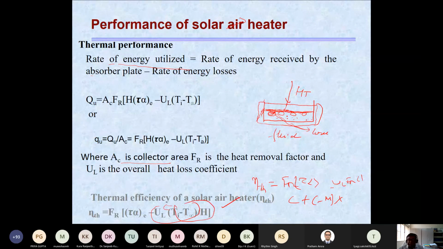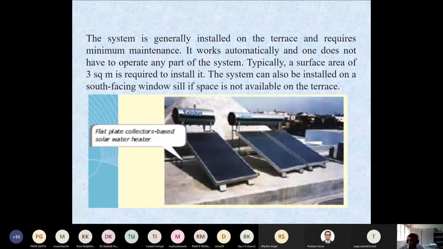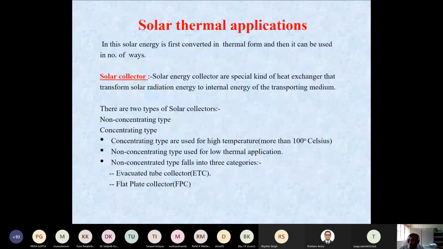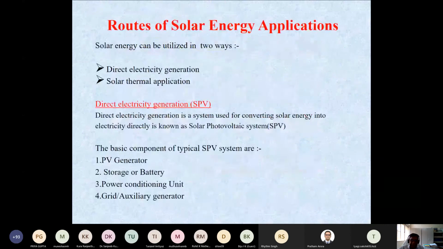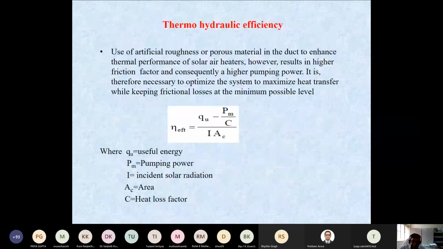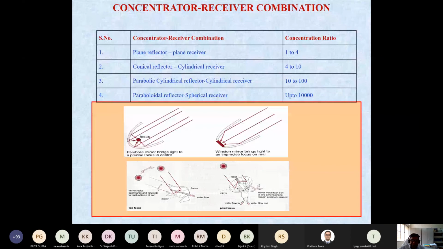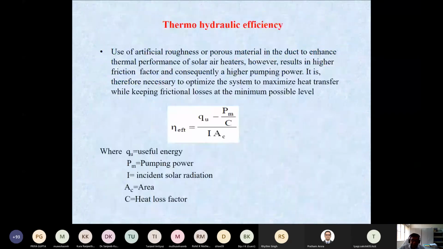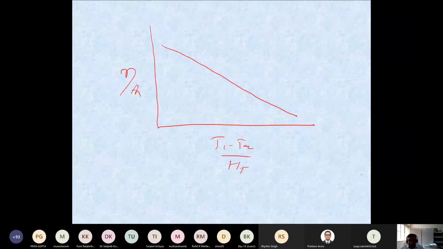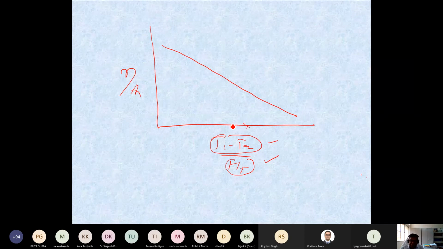So when you talk about the efficiency of the system, it cannot be expressed by simply saying that this must be the efficiency of the system. It will depend upon the conditions under which you are operating. Suppose you have this much solar radiation and you want a temperature rise of this order. Then you can determine the value and read off that point, so the efficiency will be expressed accordingly.